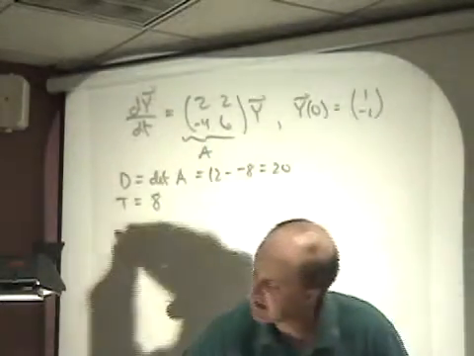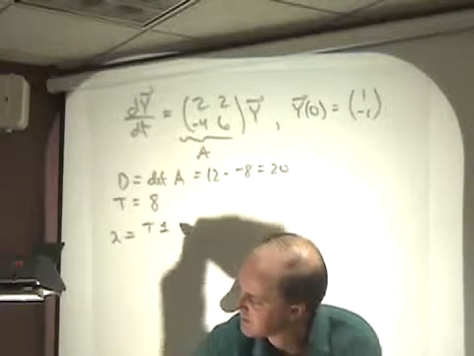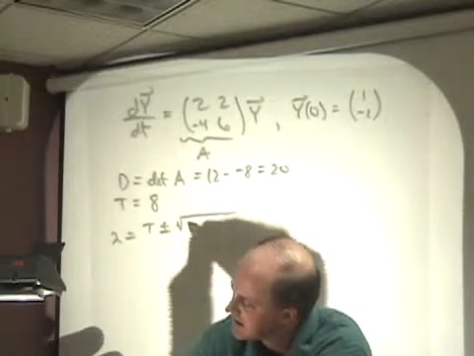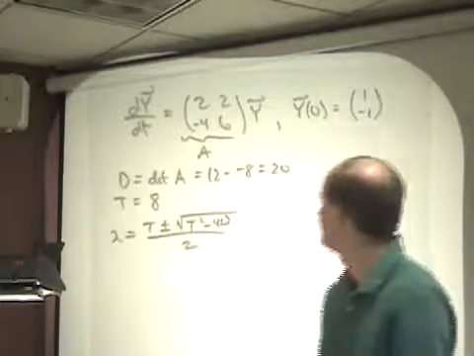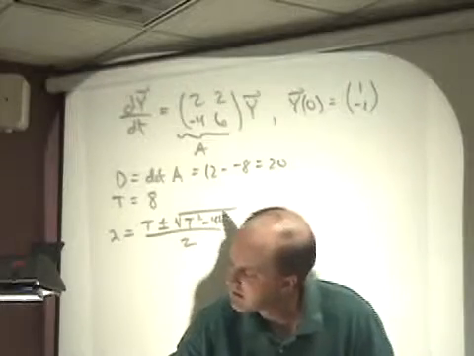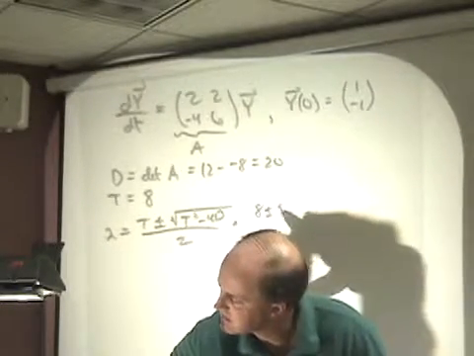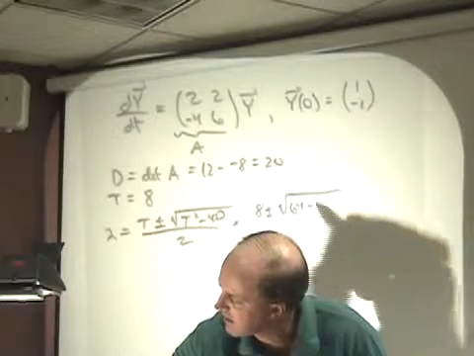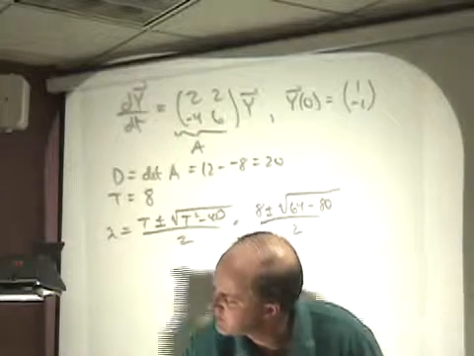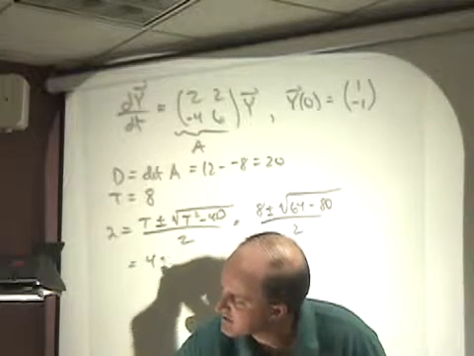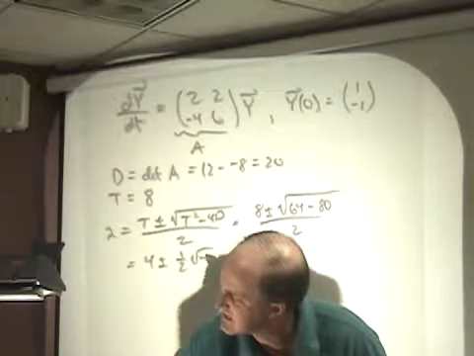And therefore, the eigenvalues can be found from the usual equation: lambda equals T, the trace, plus or minus the square root of T squared minus 4D, over 2. So that'll give us 8 plus or minus the square root of 64 minus 80, over 2. That's 4 plus or minus the square root of negative 16.